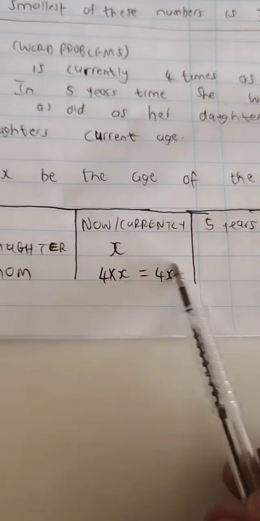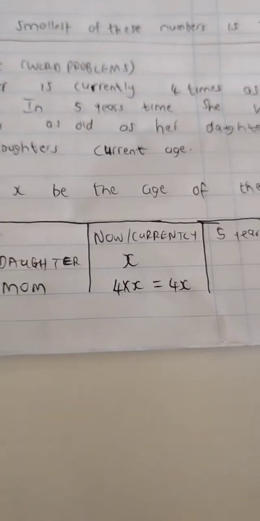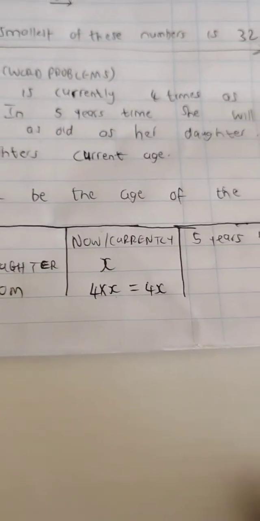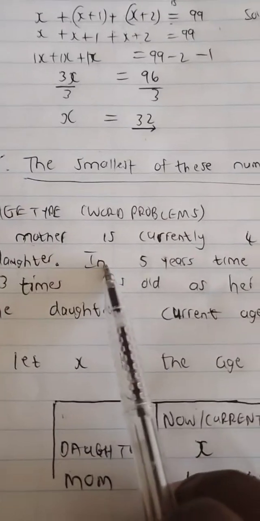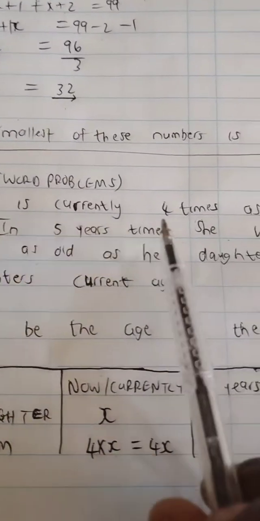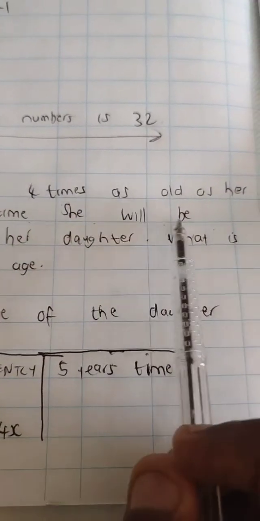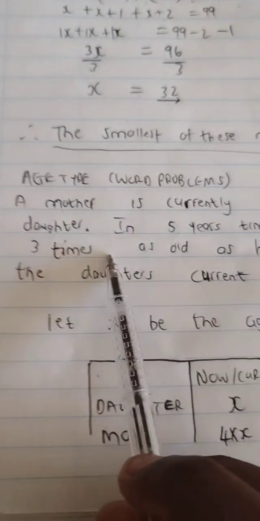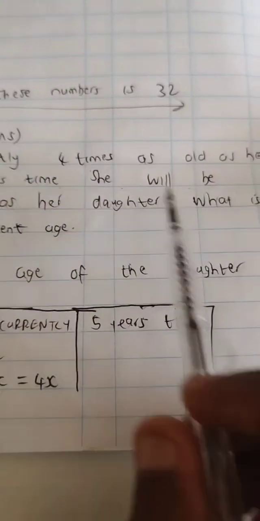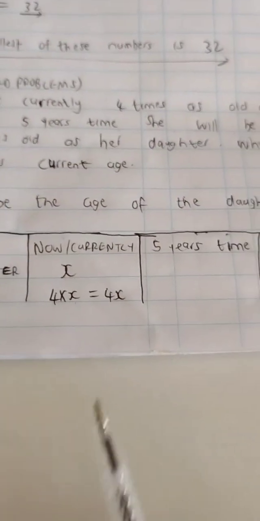X. So 4x is basically the expression that represents mommy's age. Now let's read further. We are told, in 5 years' time, she will be 3 times as old as her daughter.